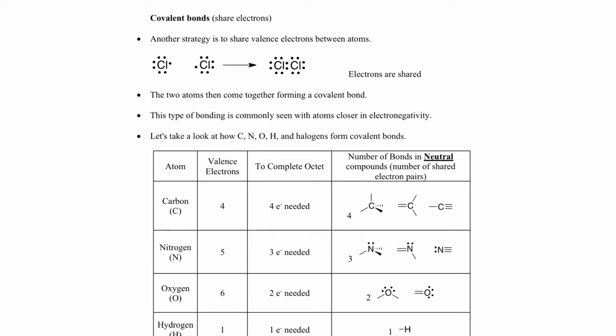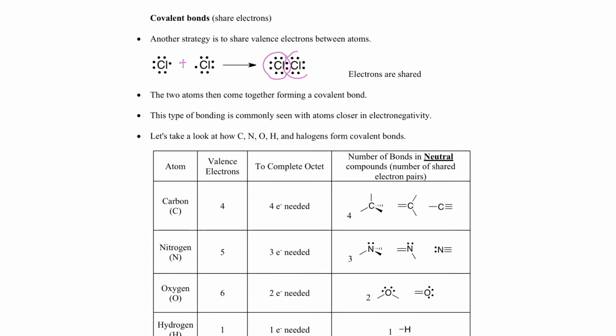Transferring electrons here wouldn't really help. It might give an octet to one of the atoms, but it wouldn't help both of them. So you can end up sharing one electron pair in the center. I'm going to draw this overlap. So the two electrons here are being shared by both chlorines.